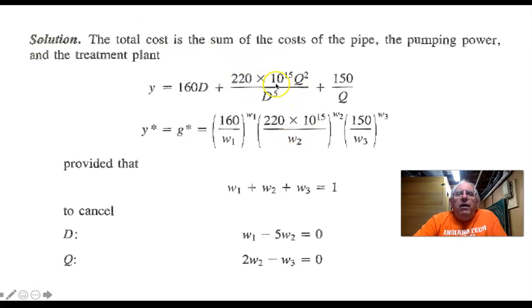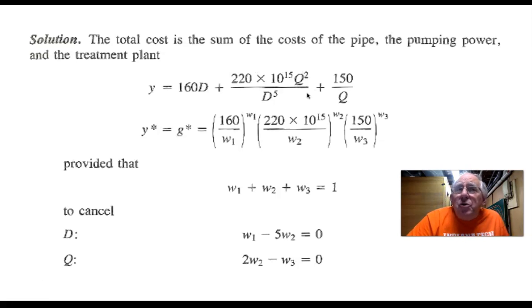We now have this second term, which is the lifetime cost of operating or flowing the water, now a function of D as well as Q. In this particular problem, both D and Q can be manipulated.